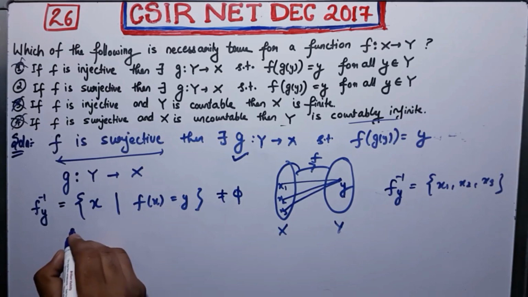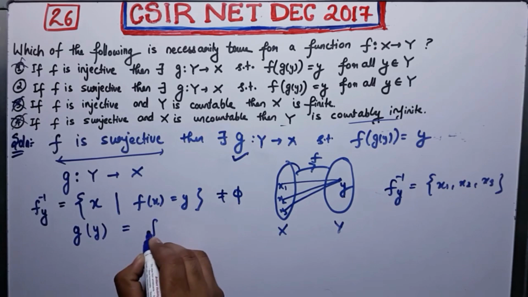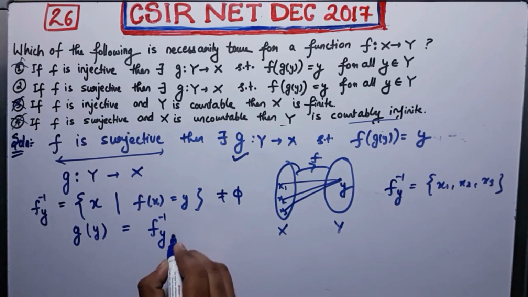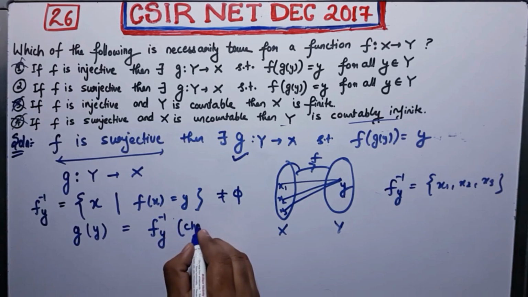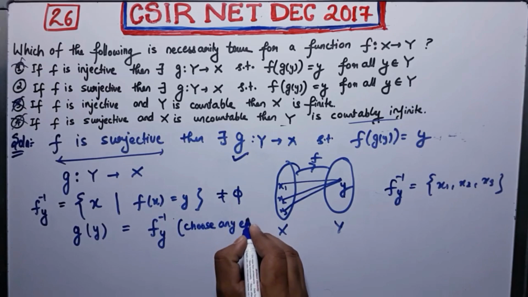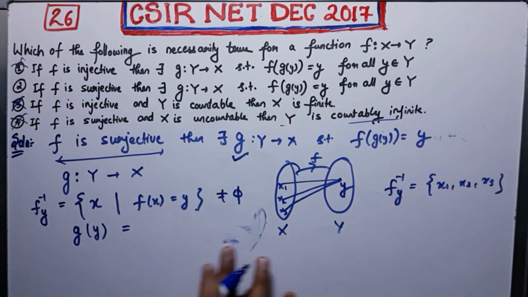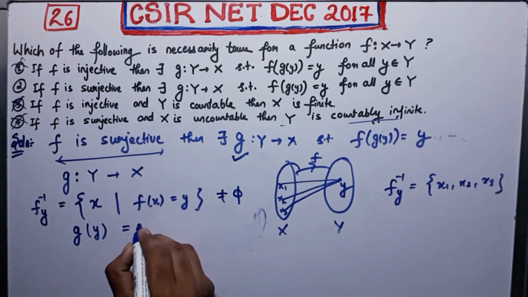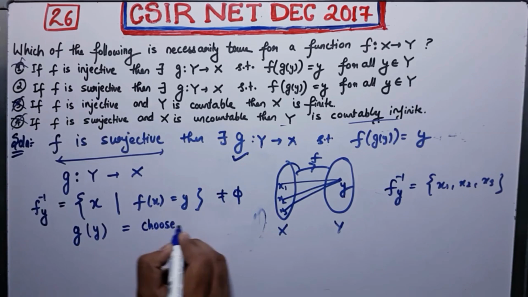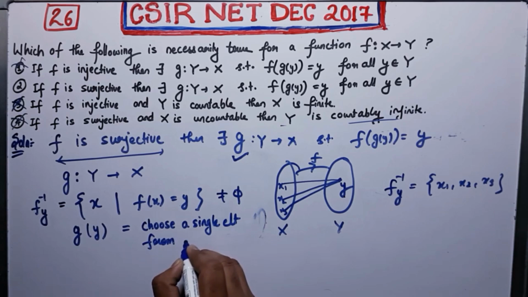Now I am defining your g function, a function from Y to X. I am defining g of y to be a single element chosen from f inverse of y.